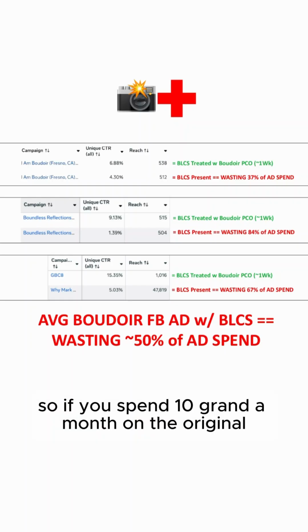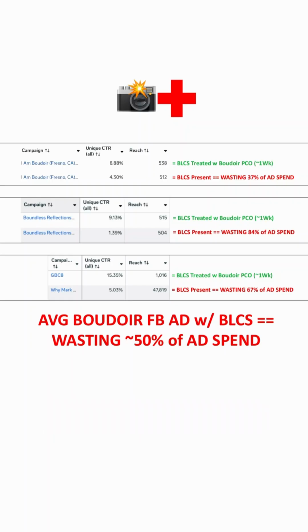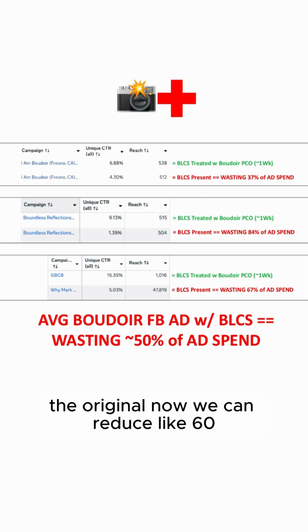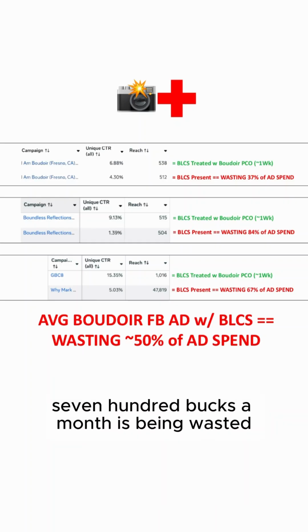So if you spend 10 grand a month on the original Boudoir Facebook ad, basically $6,700 a month is being wasted.